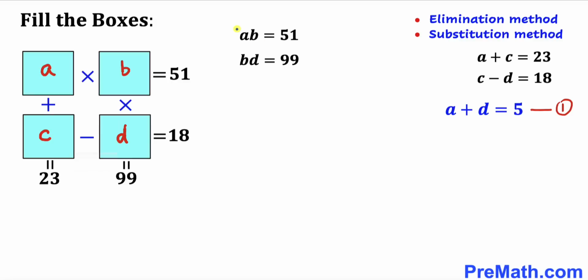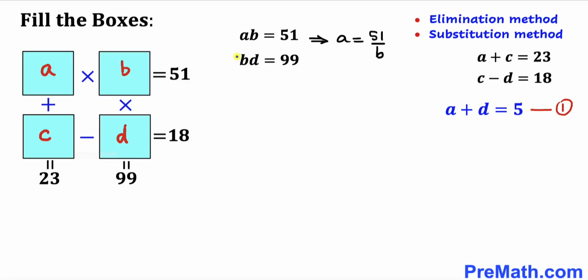And here's our next step. Let's focus on the very first equation, ab equals 51. Let me divide both sides by b. On the left-hand side, this b and b are gone. So we got a equals 51 divided by b.